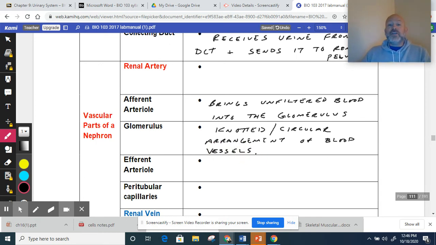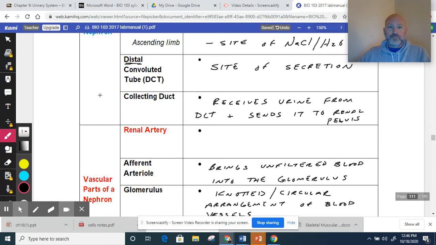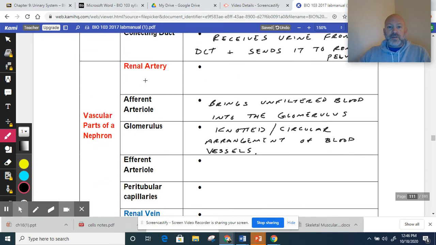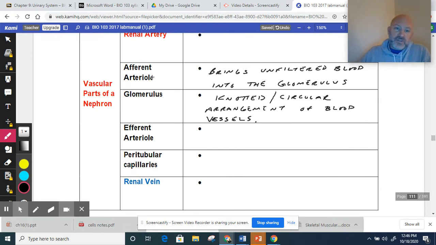Remember, it's between the glomerulus and the glomerular capsule that filtration is happening, right? So let's add that. This is the site of filtration. Everything's coming out of the blood here.